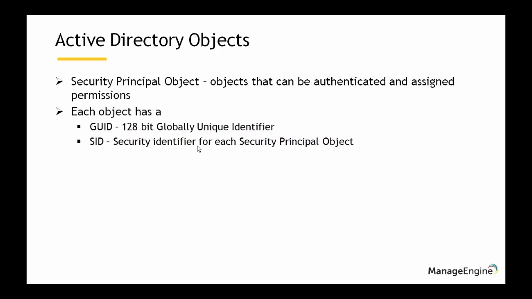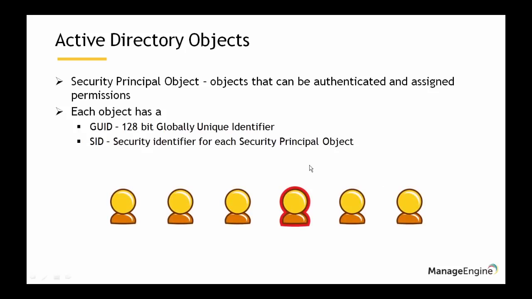The first part is going to be the GUID, and the second part is going to be the SID. The GUID is a 128-bit globally unique identifier, and the SID is the security identifier for each security principal object. So for example, a user object within Active Directory is a security principal object because a user object has these two parts, GUID and SID.